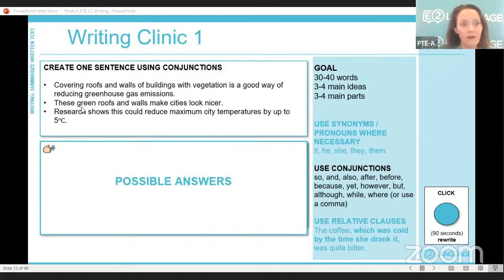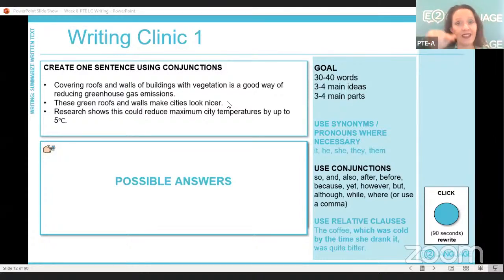So, for example, if you said these green roofs and walls make cities look nicer, and as a result, it reduces the city temperatures by up to 5 degrees. Or and also, and in addition, it could reduce maximum city temperatures. So that's quite important. So see if you can get to do that today.